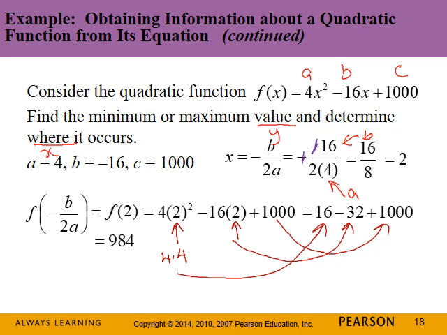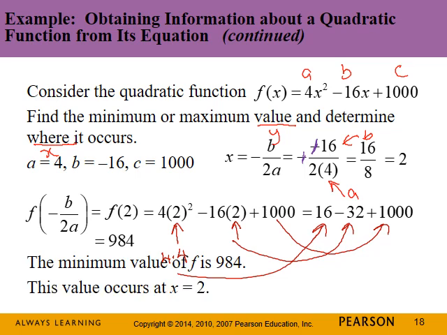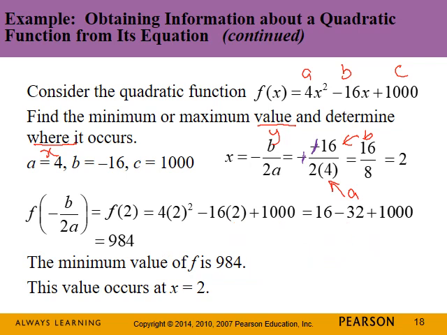The 984 is your y value, and your y value is the value of the maximum or minimum. The where was the x. So here they're telling you the minimum value of f is 984, and the value occurs at x equals 2.